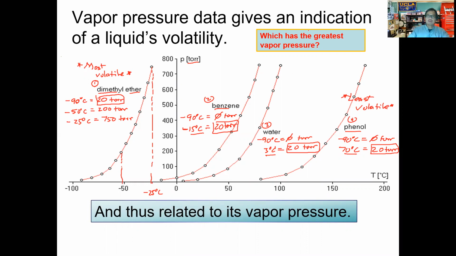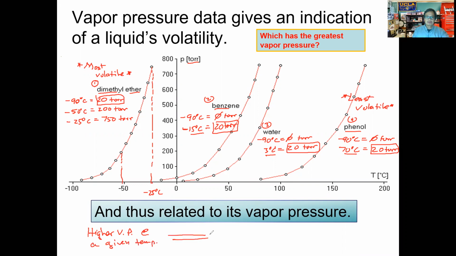So volatility is also related to the vapor pressure. The higher the vapor pressure at a given temperature, the more volatile the liquid.